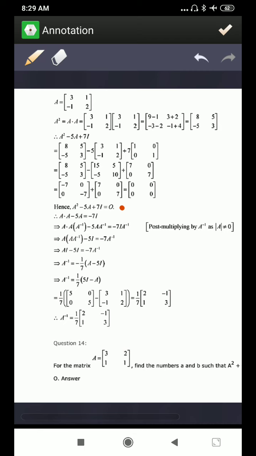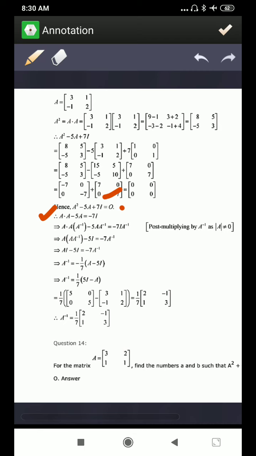So what to do in that case? You see A square can be written as A into A. Now I will multiply this whole expression by A inverse. So I have taken it as A square minus 5A is equal to minus 7 identity on the right hand side. Now multiply this whole identity by A inverse from the right side.